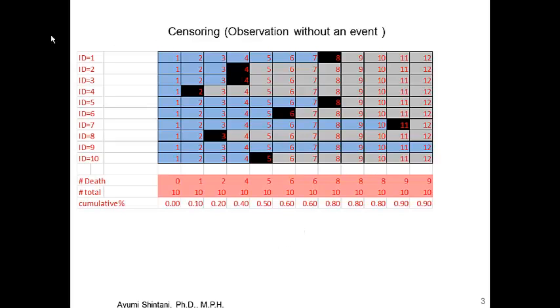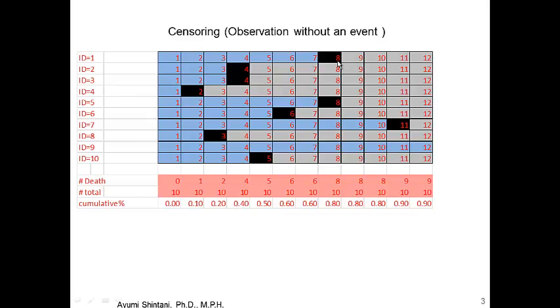This table is showing what happened over time in 10 patients from ID 1 to ID 10. The person with ID number 1 was followed for 8 days and died during the 8th day. And patient number 2 was followed for 4 days and died on the 4th day. The person with ID number 9 was followed until the study end, which is the 12th day.